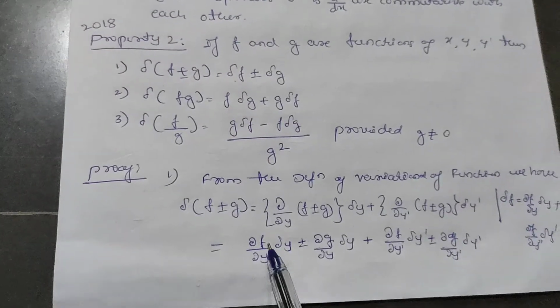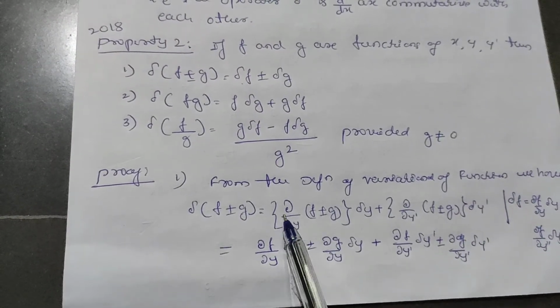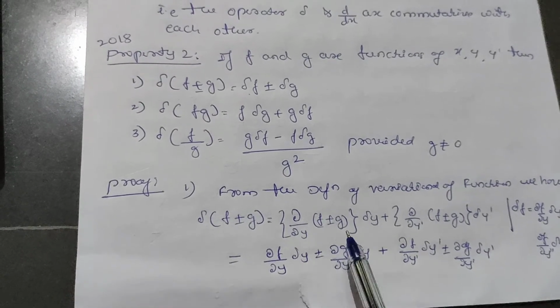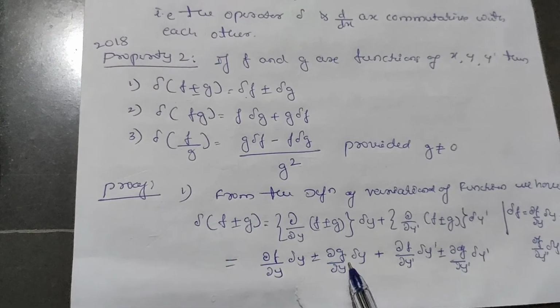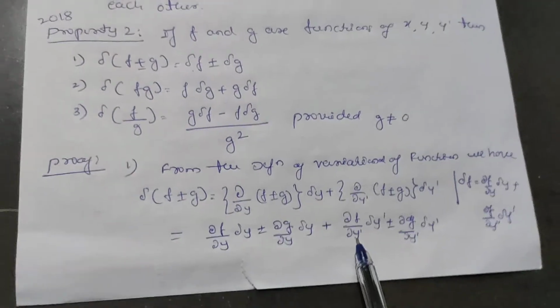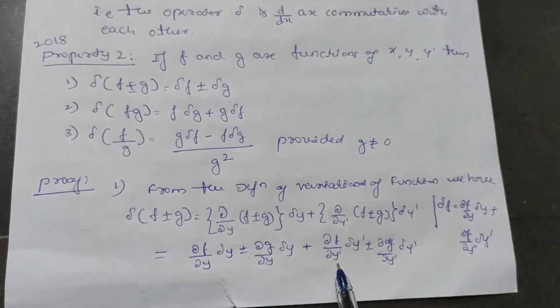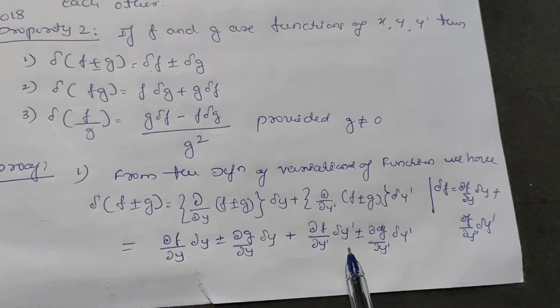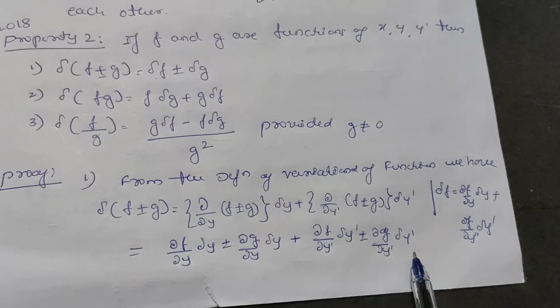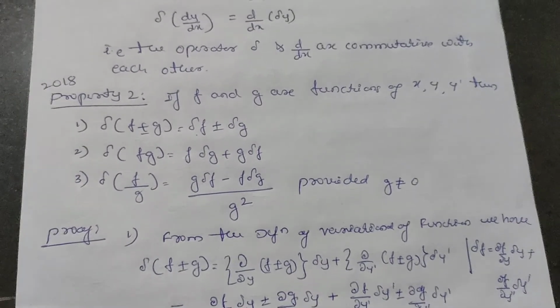Let us open this bracket: dou f by dou y into delta y plus dou g by dou y into delta y plus dou f by dou y dash into delta y dash plus dou g by dou y dash into delta y dash.